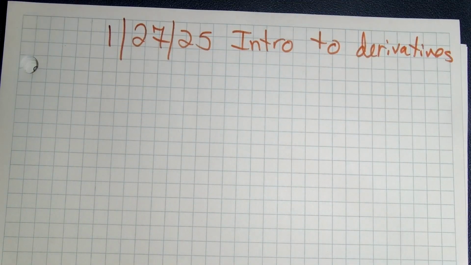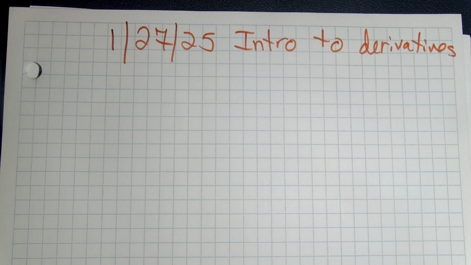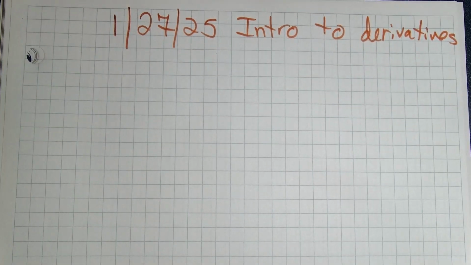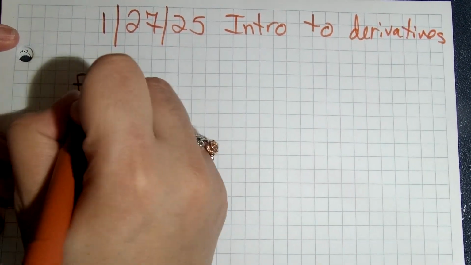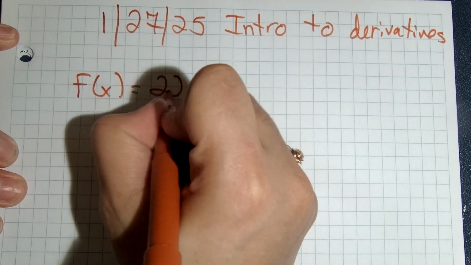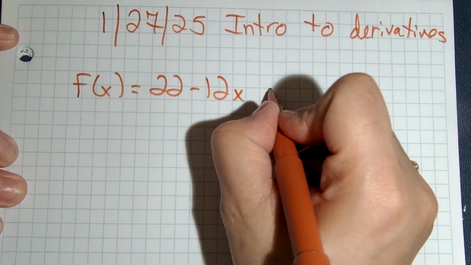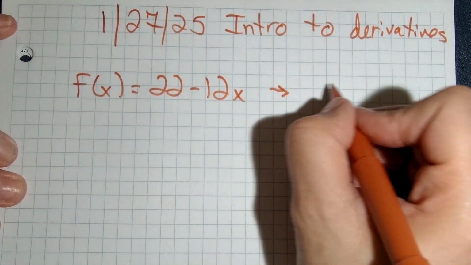So in calculus, yes, we use the difference quotient to form a basis for something called a derivative. Before I get to the vocabulary and before we get to the examples and rules, I want us to look at some things, okay? So if we had f of x is equal to 22 minus 12x, that difference quotient was negative 12.